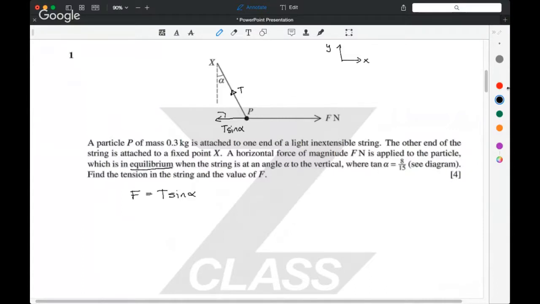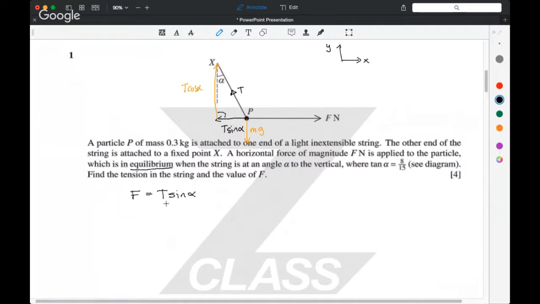Well, for that, we can look in the y direction. And we know that there is a component of T in the y direction, this guy up here, which is T cosine alpha. And we know that this thing is also being pulled by gravity downwards by a force mg.